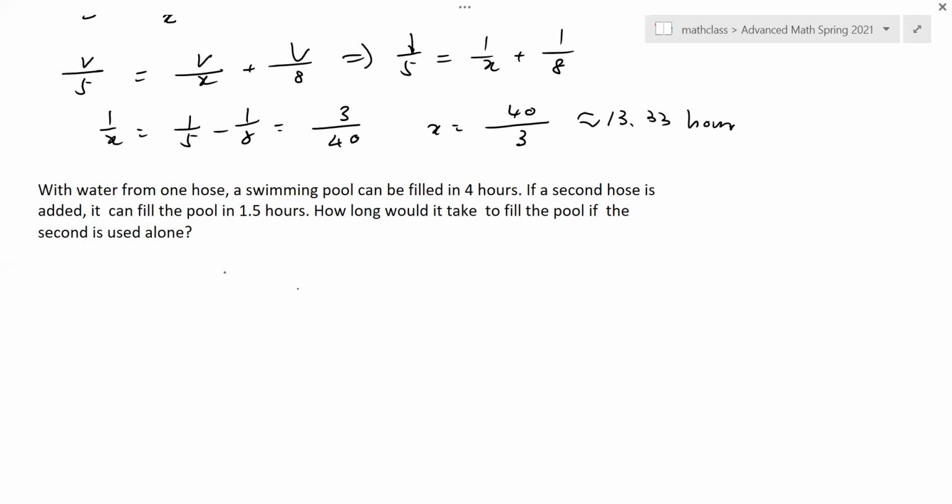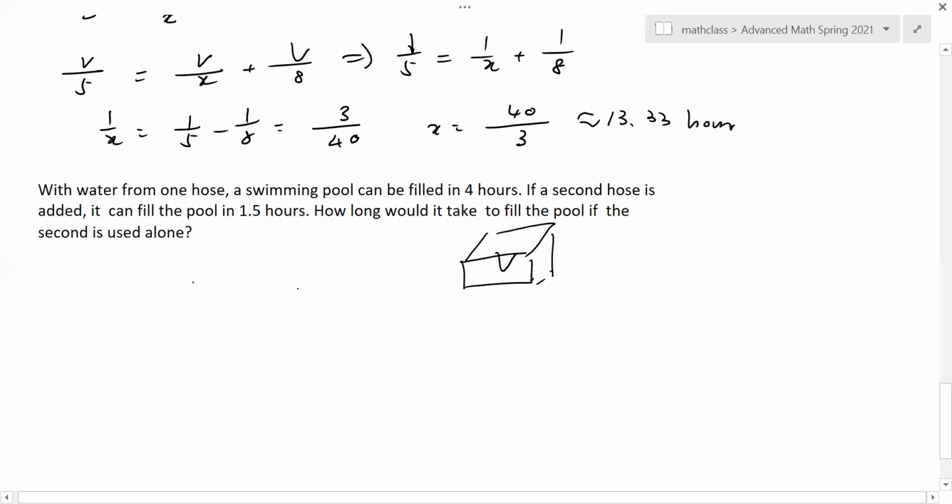All right, so let's try to solve this problem. We still don't know the volume, so we can say V. And there will be the larger hose and the smaller hose.